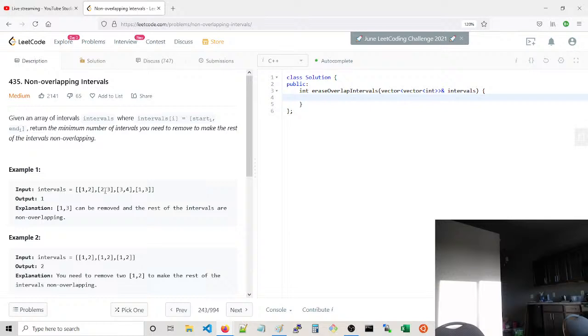If you have... Let's see... I want to say something like... there's... At one point, these two things overlap with each other, maybe.